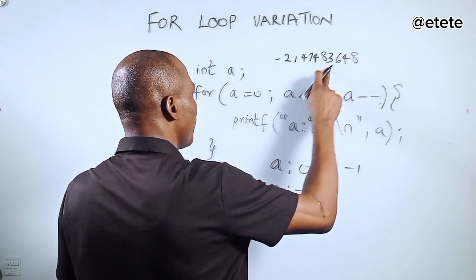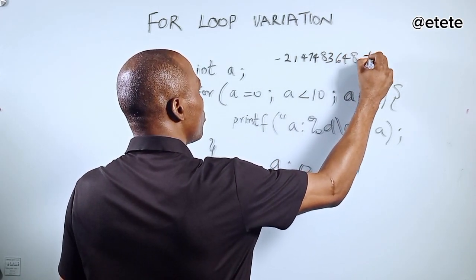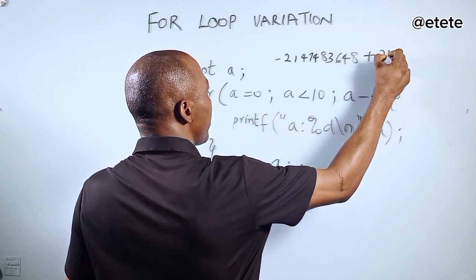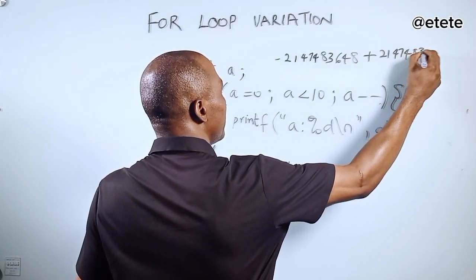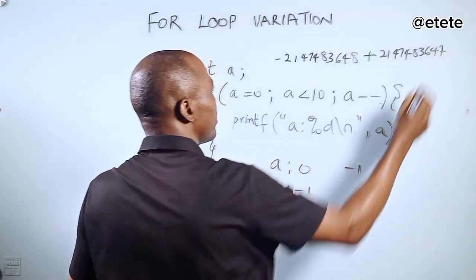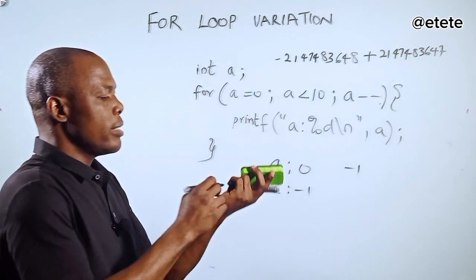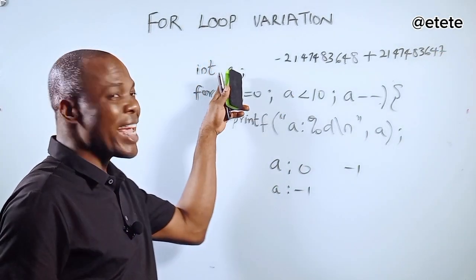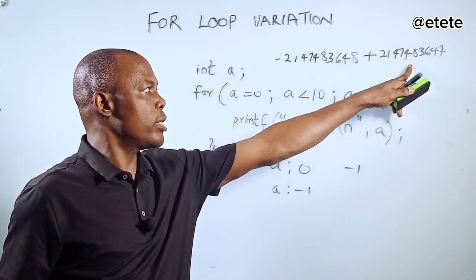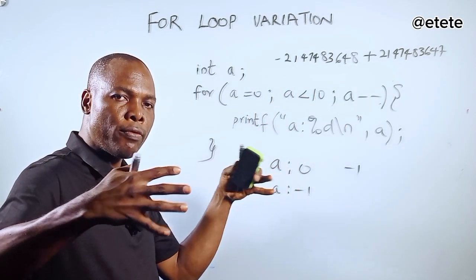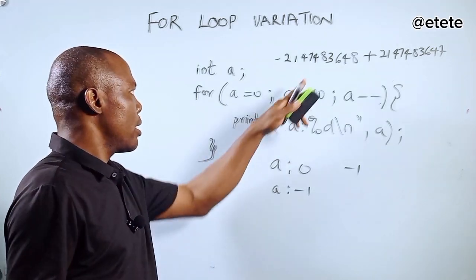It can take from this range to 2147483647, right? This is the range for a signed integer, from this range to this range. So that is the range of numbers that it can take.